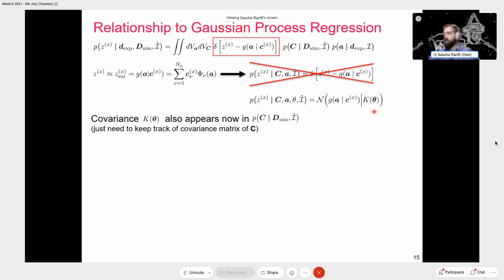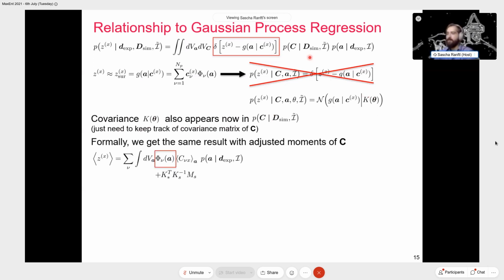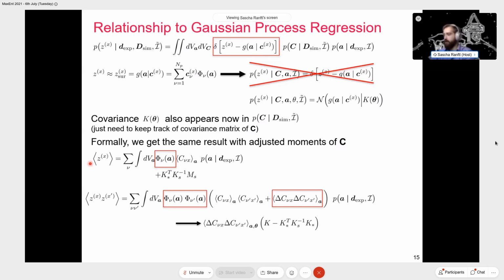We just need to be aware that this covariance matrix K appears again in the posterior for the C's, and we need to keep track of it. We formally find the same results as before, but we have to account for our additional correlations in this term in the first moment, and similarly for these familiar expressions in the second moment.